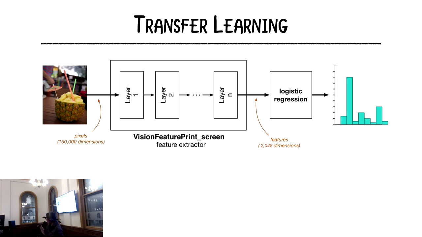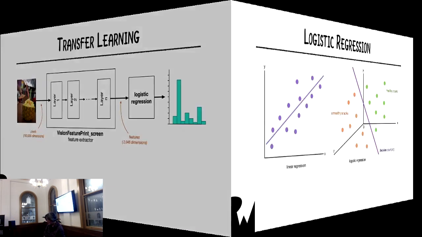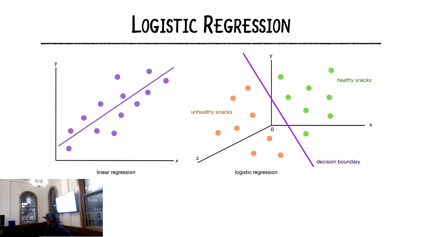Instead of that final classification layer that comes with the base model, transfer learning will then train what's called a logistic regression classifier to get the classes that you want. So if you don't want 1,000 different classes, you just want 20, it's going to train for 20 classes. Logistic regression is kind of like linear regression. You've probably done this or seen this done, where you have a bunch of points in XY space and you're trying to fit a line through them and you do least squares and that kind of thing.